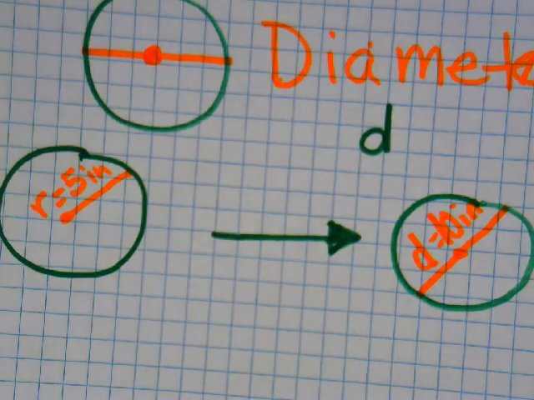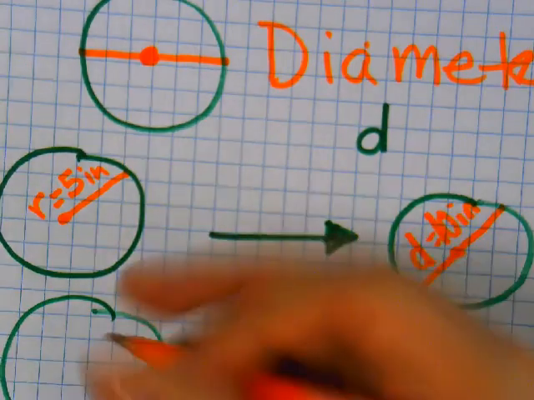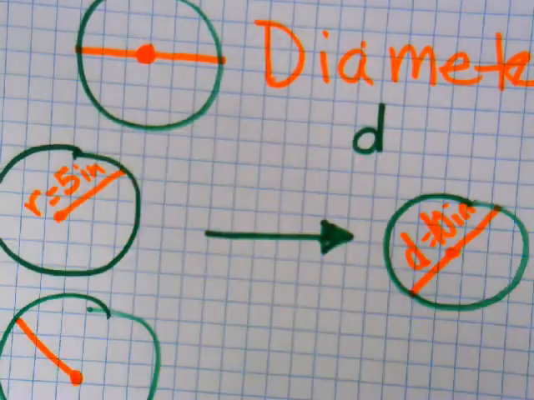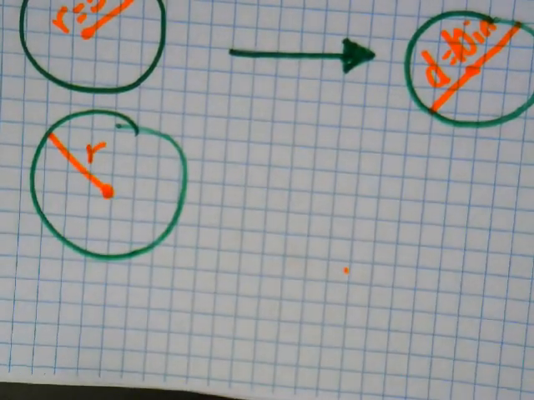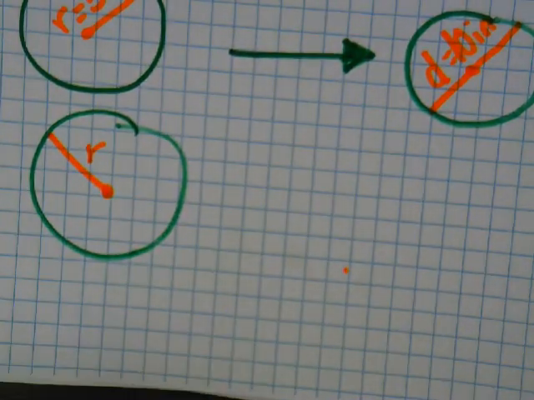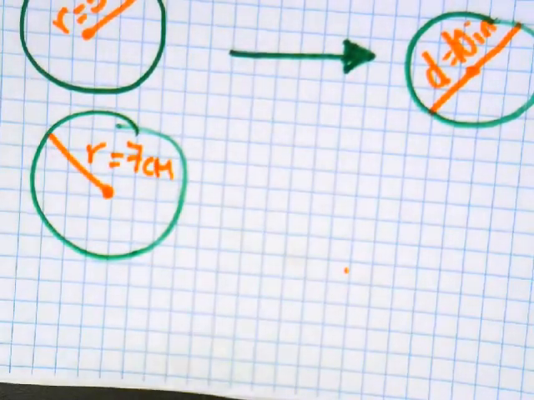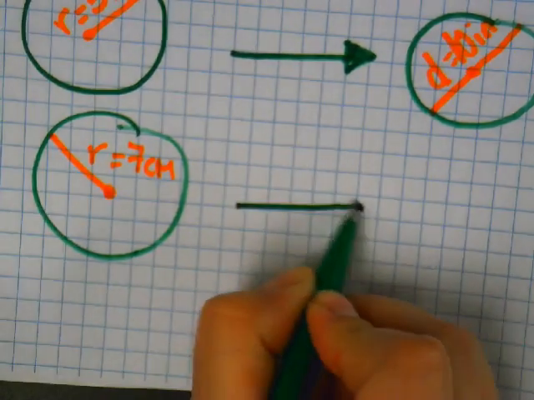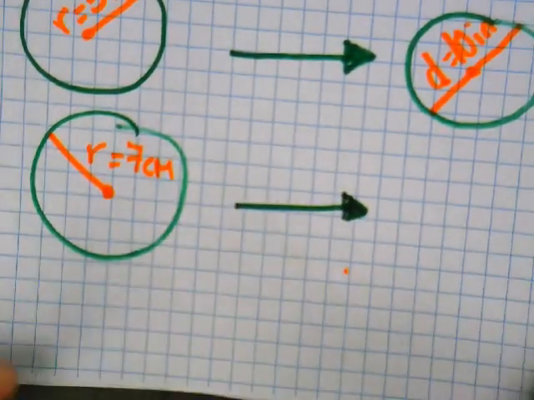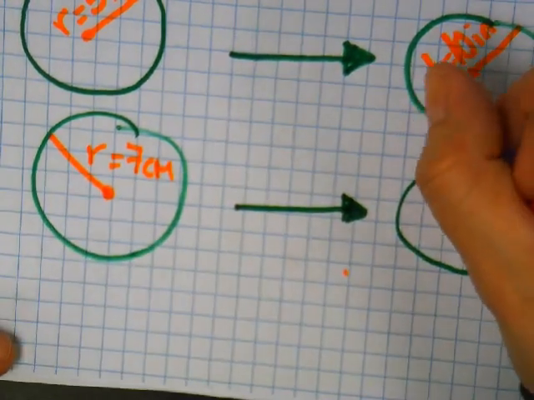So let's practice some more. That's called a radius, r. We use lowercase r to represent radius. This is equal to 7 centimeters. So what would the same circle be, but this time the line goes all the way through?